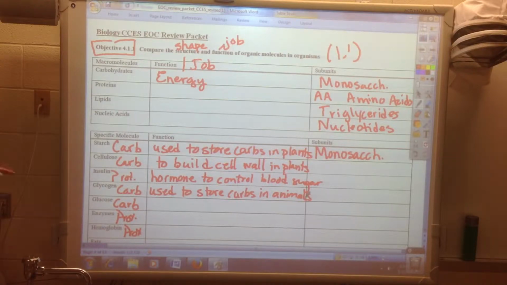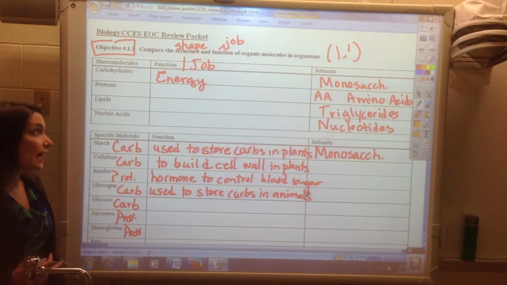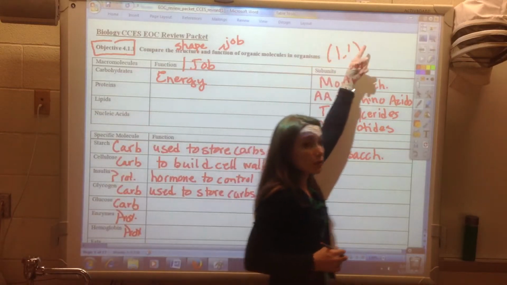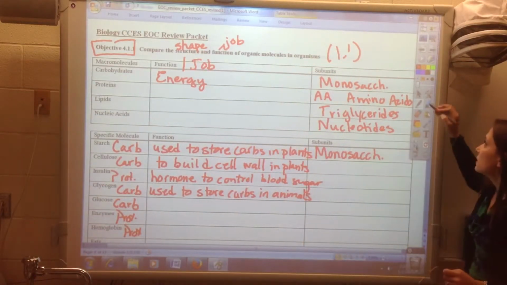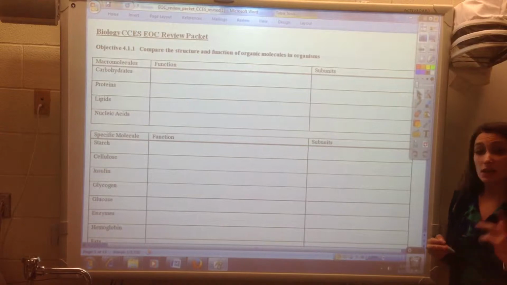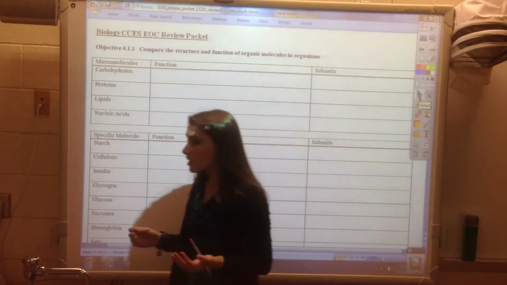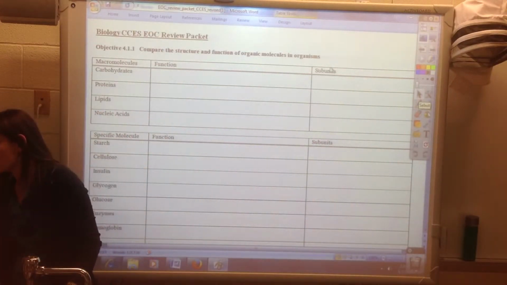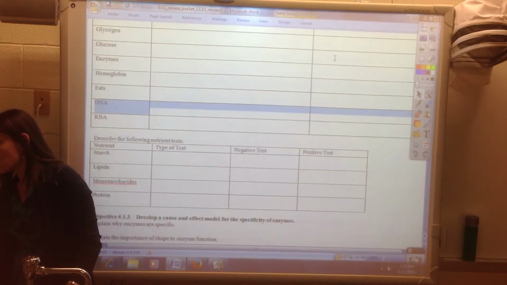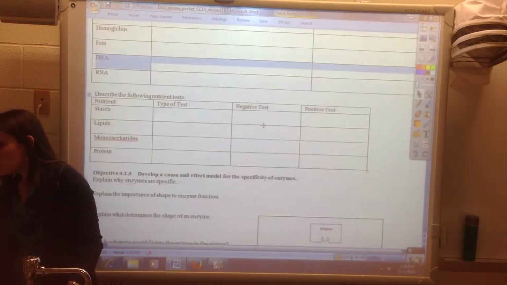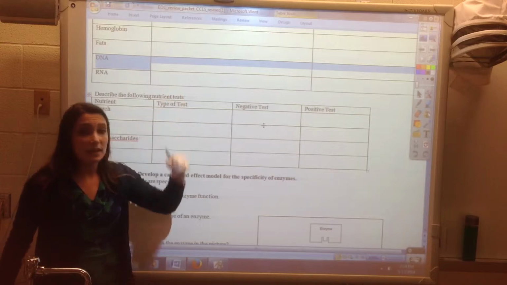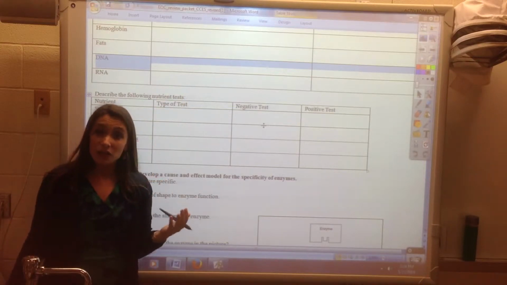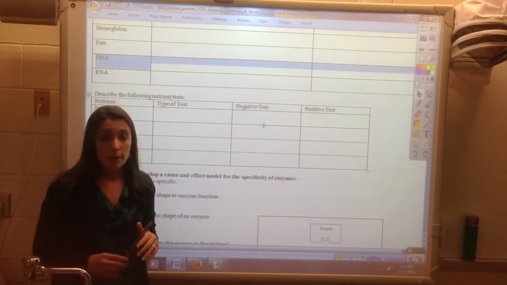For glucose, enzymes, hemoglobin, and fats, you're going to go back to your notes, section 1.1, to see what you can find in your notes. Remember, you took a lot of time this year to take your notes, so it's important that you're using them and studying them. You also have RNA and DNA, and again, it's directly in your notes in section 1.1.